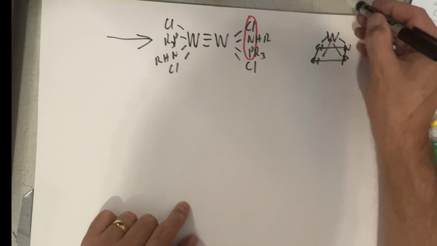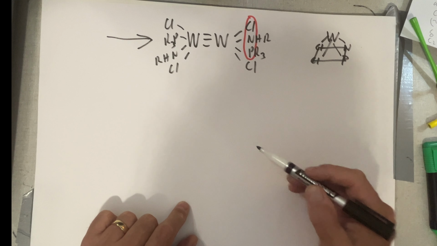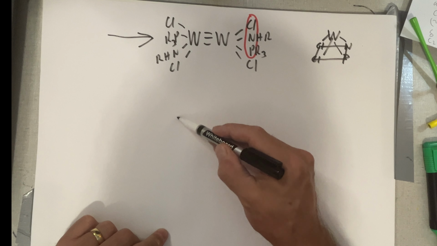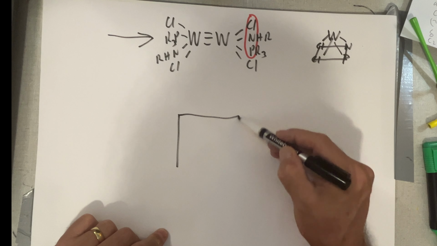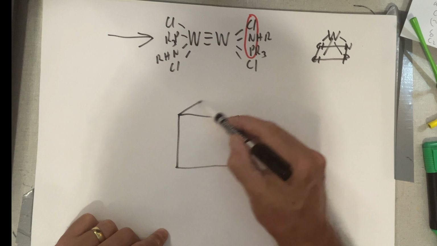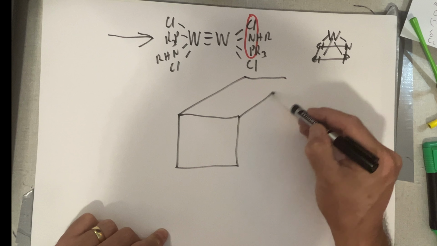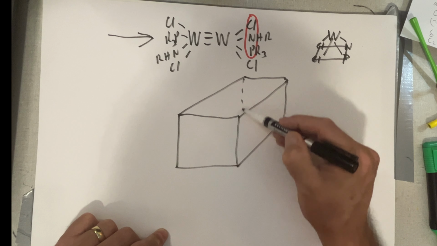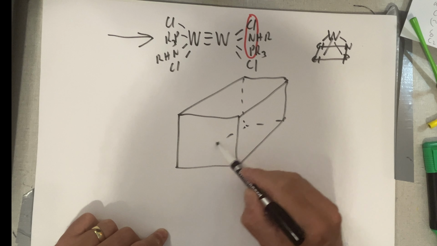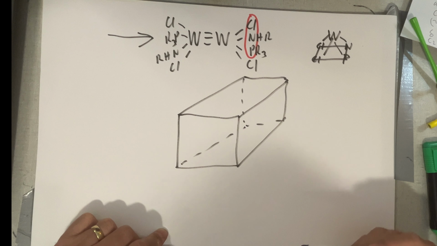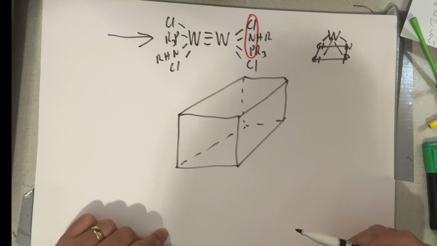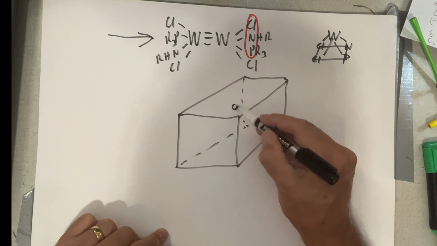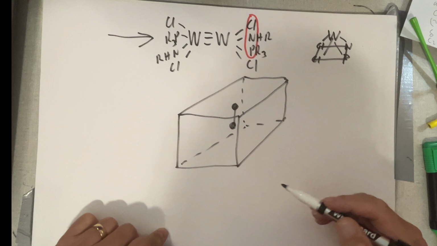So if one expands this then to the other side, essentially what you have is a sort of cube. You can think of it as a cube. Like that. And in the middle of the cube you have two tungsten atoms.